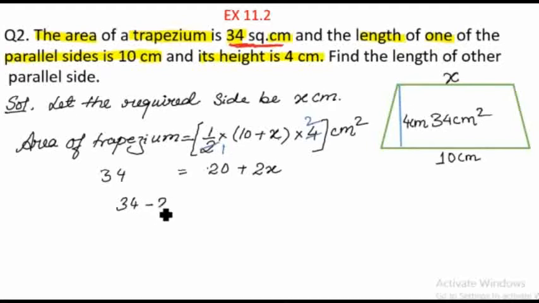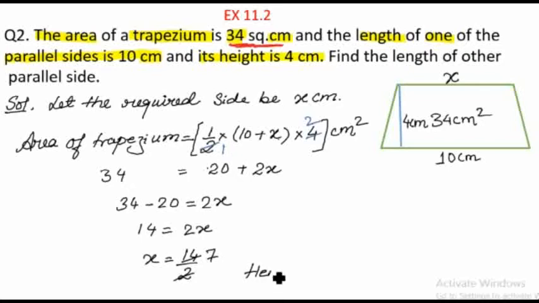When we solve this further, we get 34 minus 20 is equal to 2x. So 14 is equal to 2x. x is equal to 14 upon 2, 2 times 7 is 14, so we get 7.